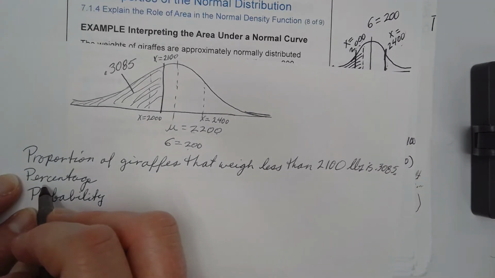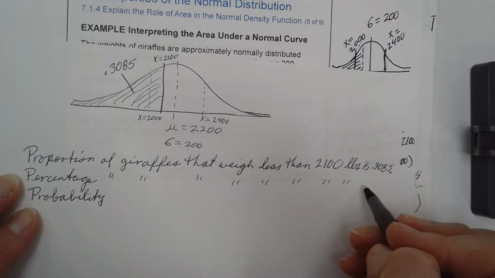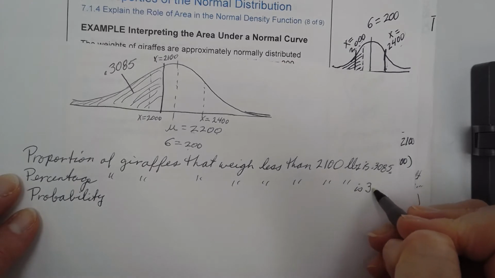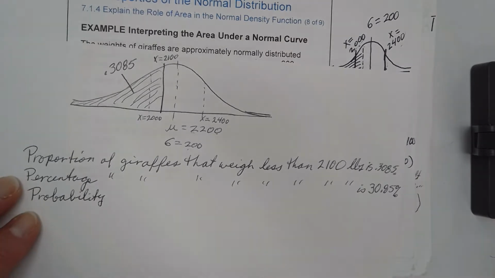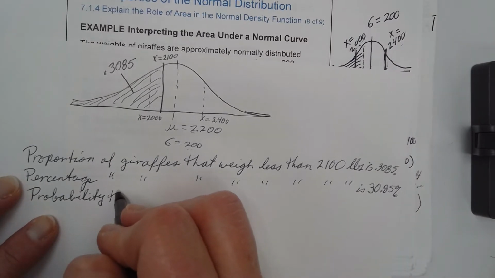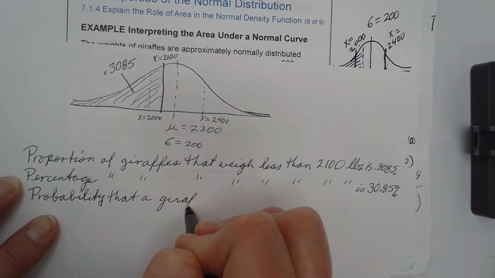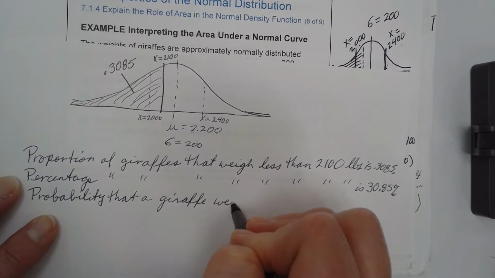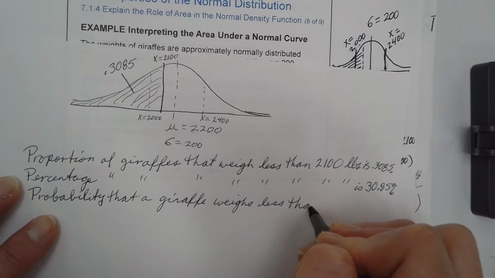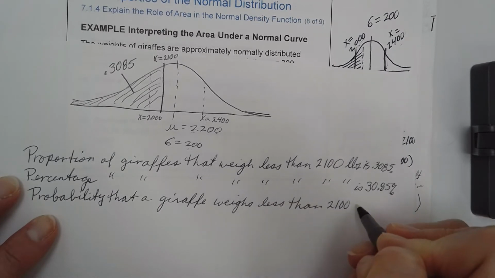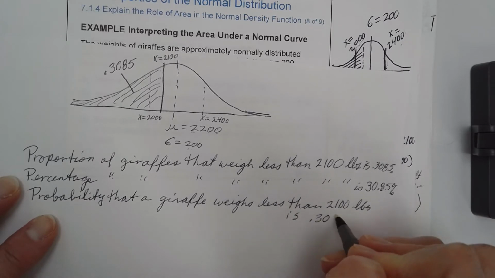Okay, the percentage of giraffes that weigh less than 2,100 pounds is 30.85%. Okay, the probability that a giraffe weighs less than 2,100 pounds is 0.3085.